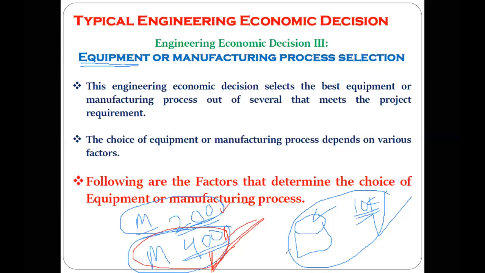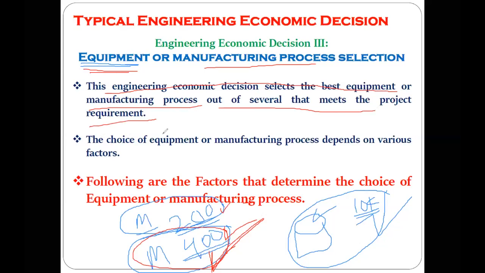And that is nothing but our third engineering economic decision, related to the selection of equipment or machinery or manufacturing process selection. Understood? This decision selects the best equipment or manufacturing process out of the several machineries available that meet the requirement.